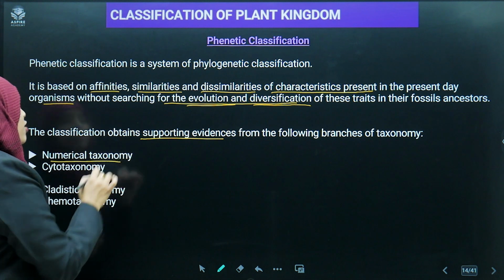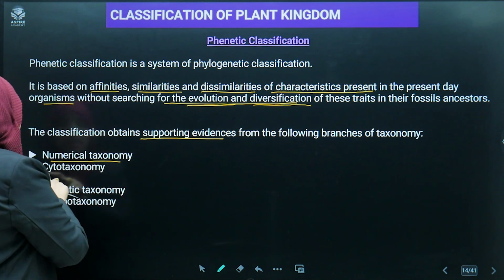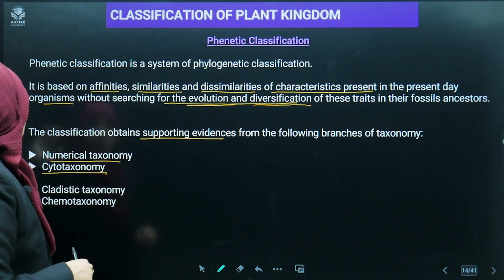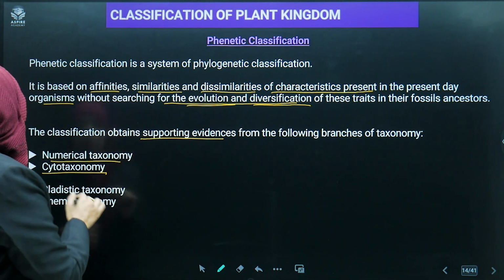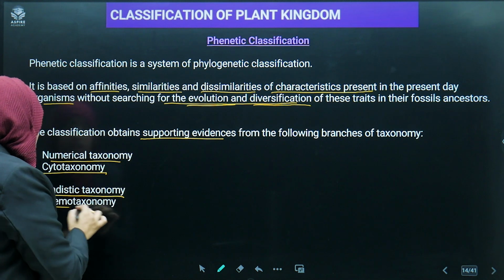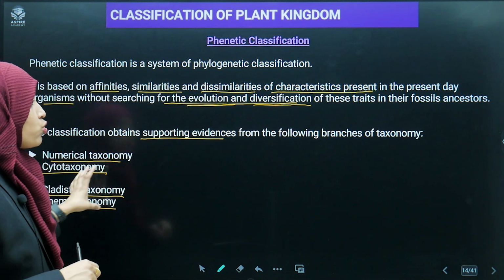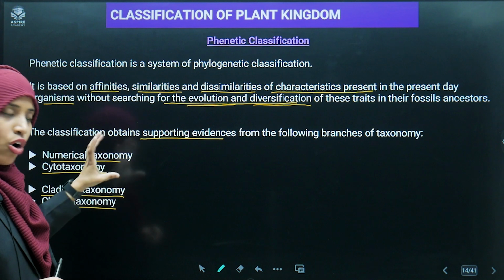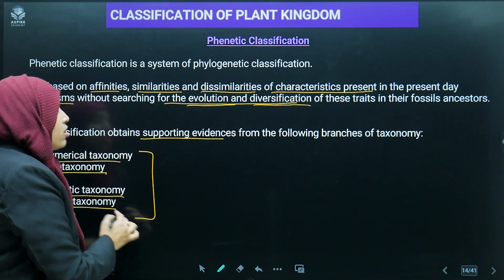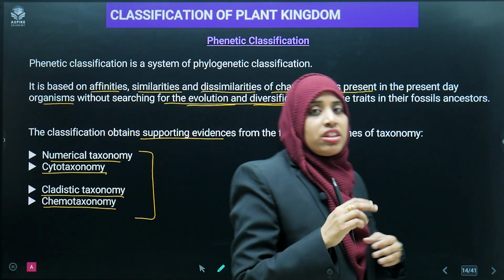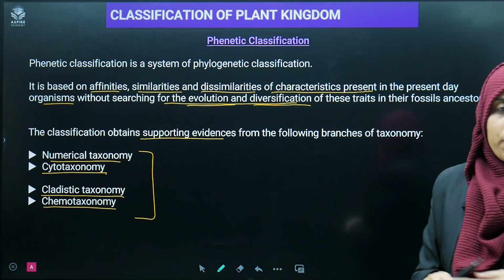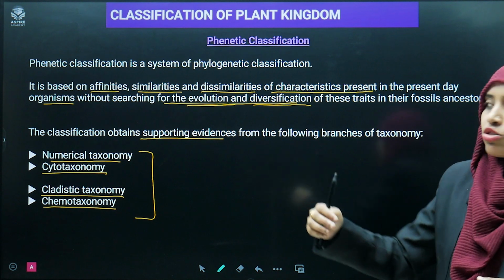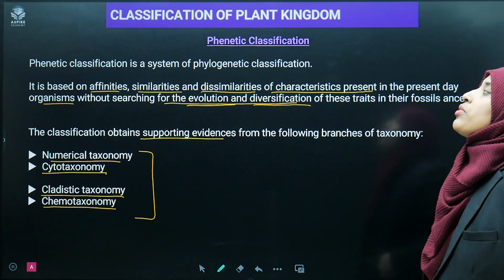So numerical taxonomy को देखा गया, cytotaxonomy, cladistic taxonomy and chemotaxonomy, ये सारे चीजों को main focus किया गया. All these branches of taxonomy were providing a supportive role in the phenetic classification system. Now we'll see what is numerical taxonomy, what is cytotaxonomy.